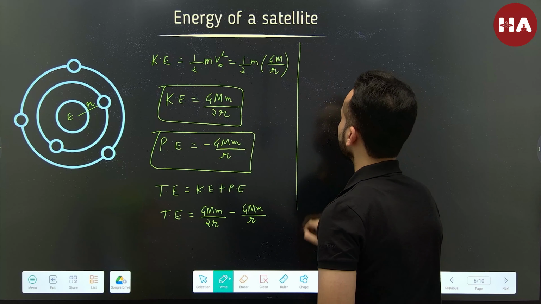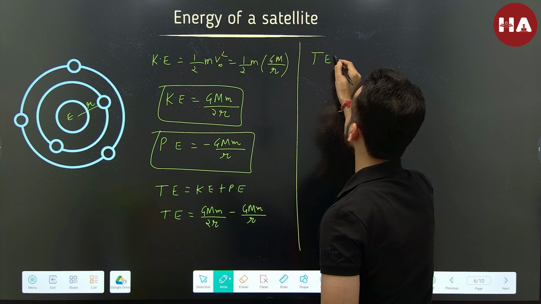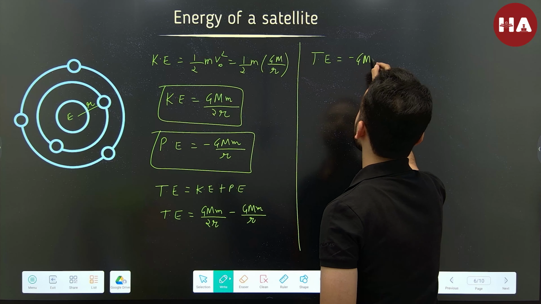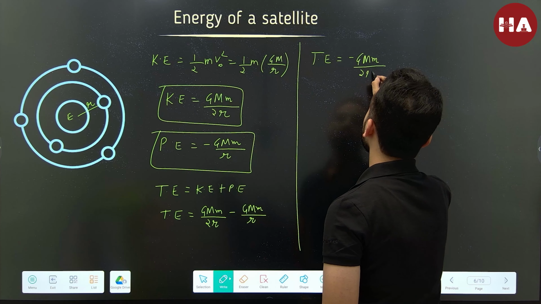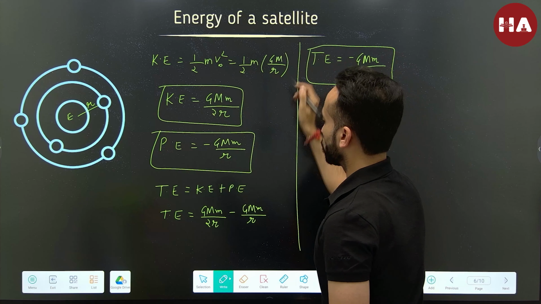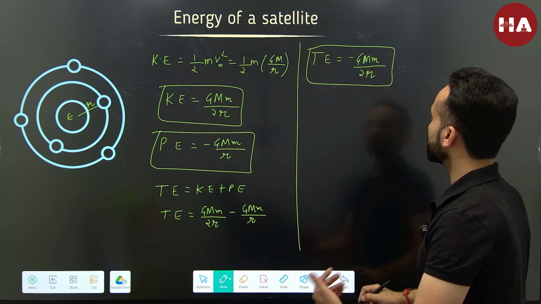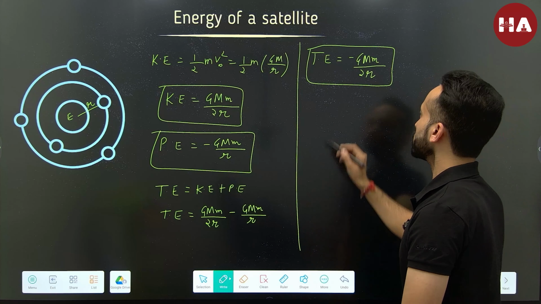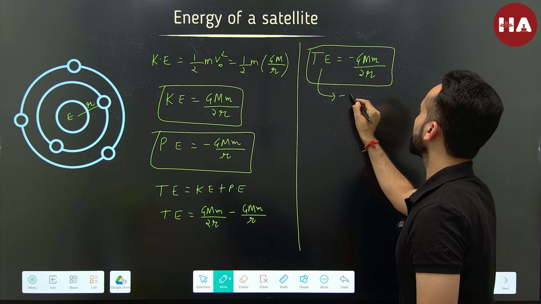So the total energy here turns out to be minus GMm by 2r, isn't it? If you add these two terms, what does this indicate? Two things. First, total energy is negative.